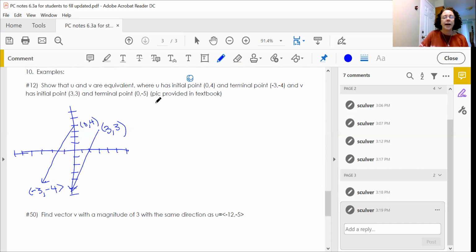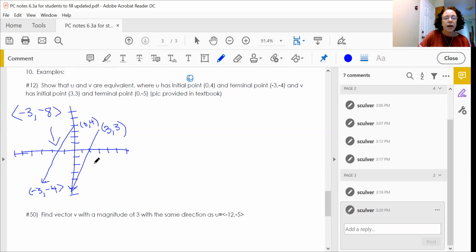So how do we prove that? Well, let's first find the magnitude and the direction of each vector and then compare them. Let's write each vector in component form. The vector on the left in component form would be -3 minus 0, and -4 minus 4 is -8.